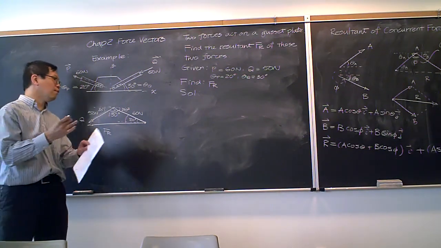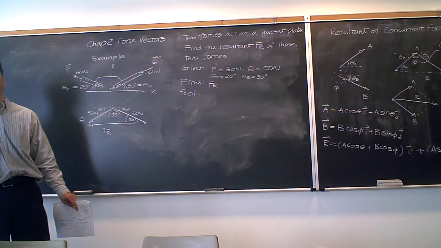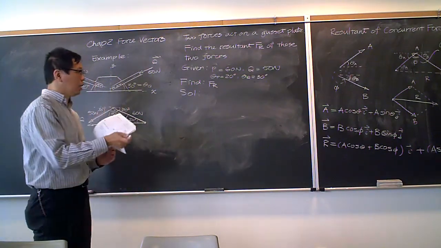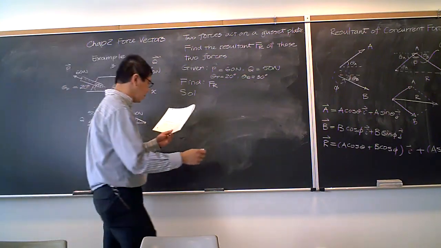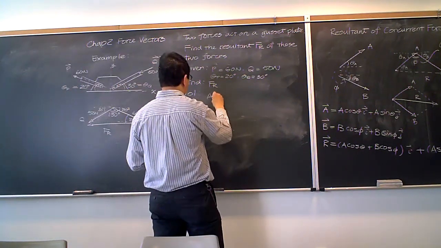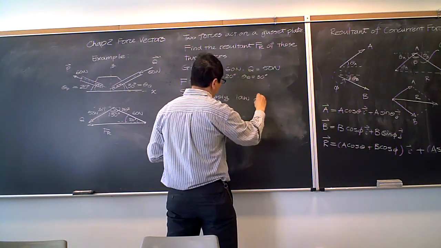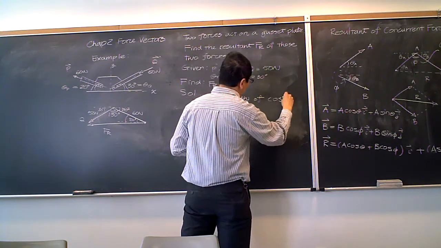If you have more angles, then you want to use law of sines. Okay, so that's a little bit different, but you need to know the trick. I'd like to apply law of cosines.